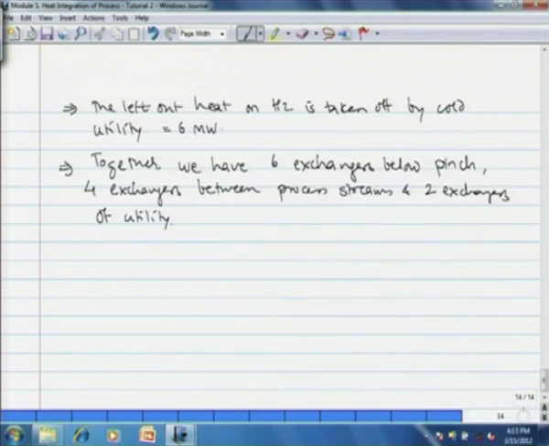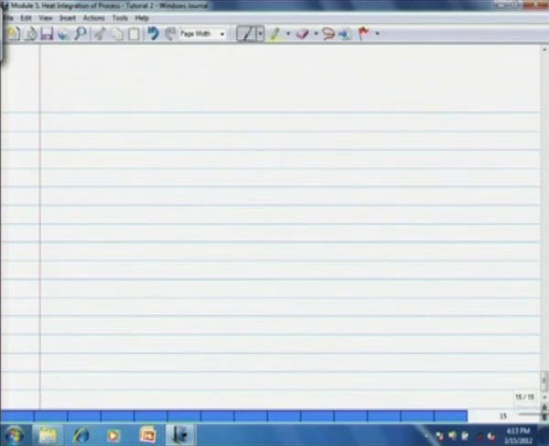Now, the third bit of the problem is that of determination of data, or let us say data tabulation for the exchangers.